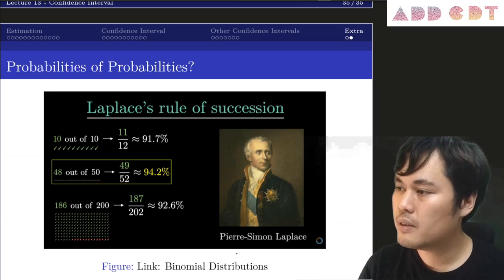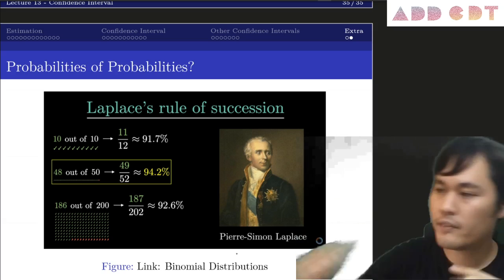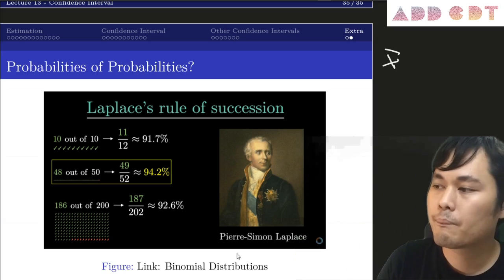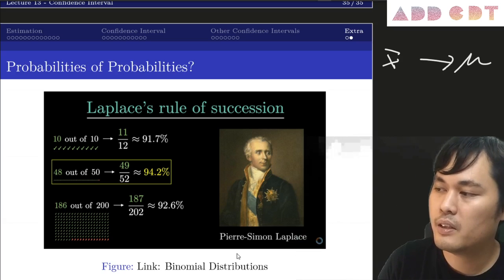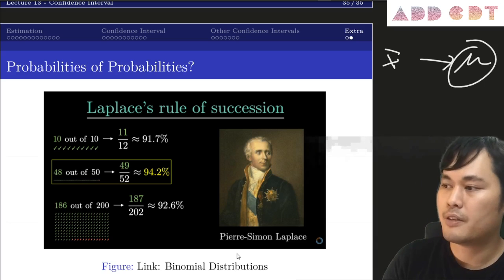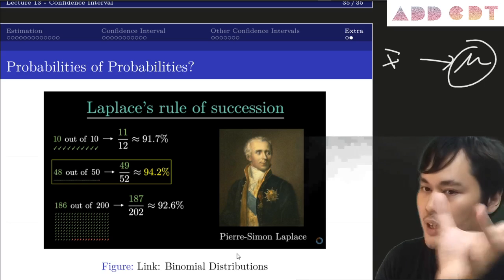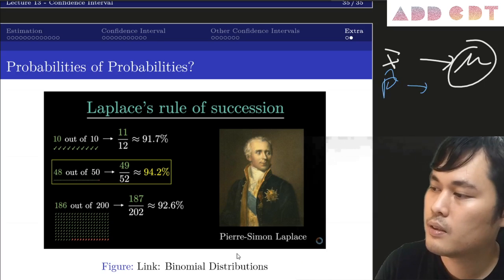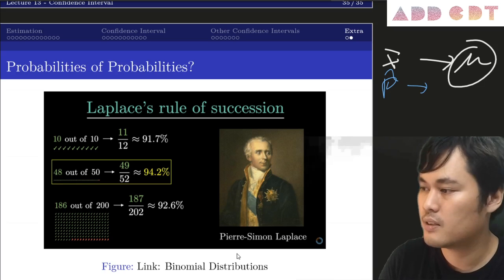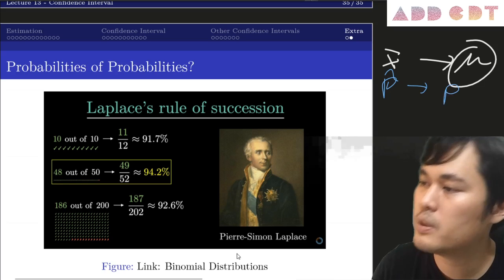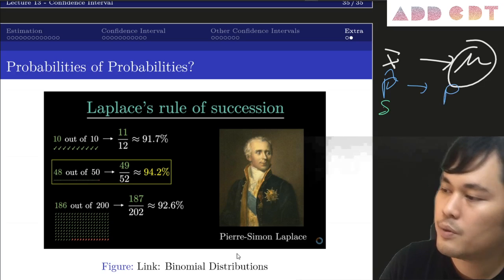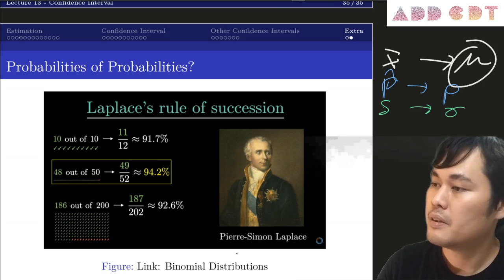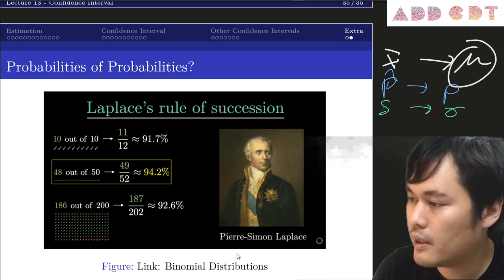again, the same line of thought. We know we can compute the x bar, but we don't know mu itself, so we use x bar to estimate the actual number. We know p hat, and we use that to estimate p. We know s, and we want to use that to estimate sigma. Now this clip is a different one.